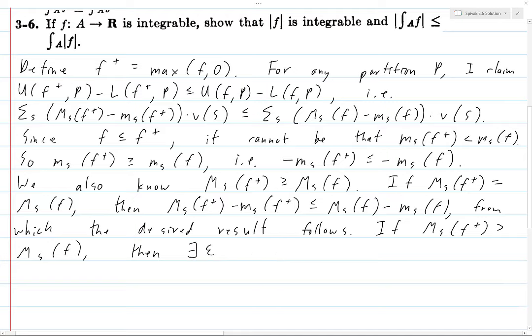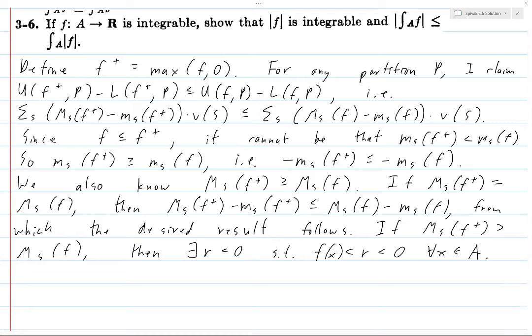So I'll write this as: there is some negative number r less than 0 such that f at every point is strictly less than r, which is less than 0. So f is not only strictly negative, but it's bounded away from 0. I don't think we really need the fact that it's bounded away from 0. I think all we really need here is that f is negative.